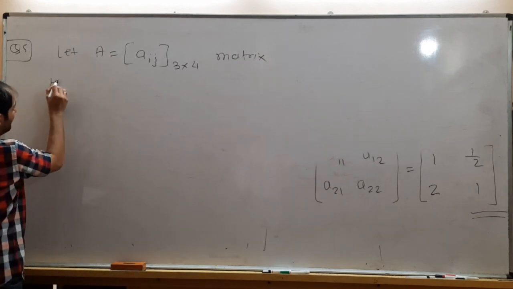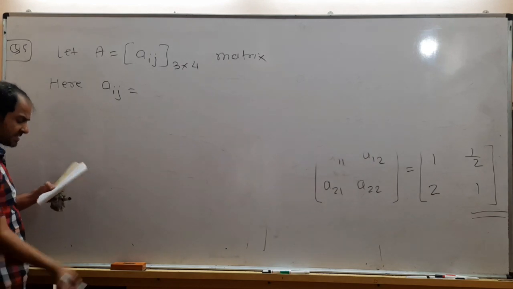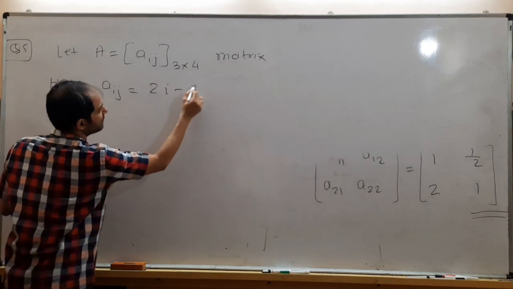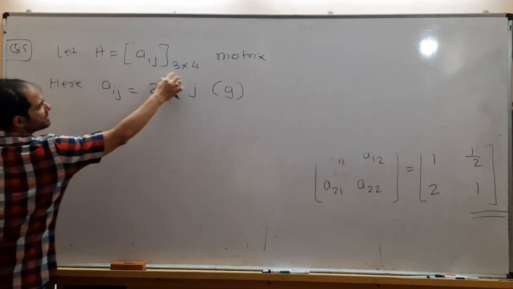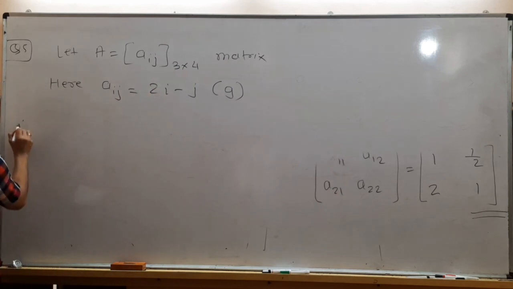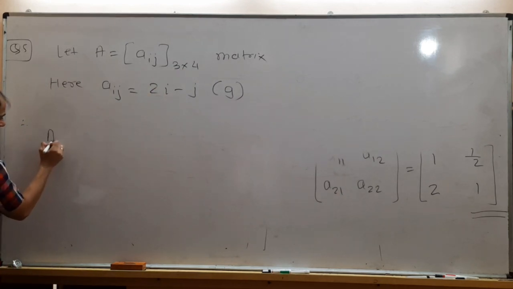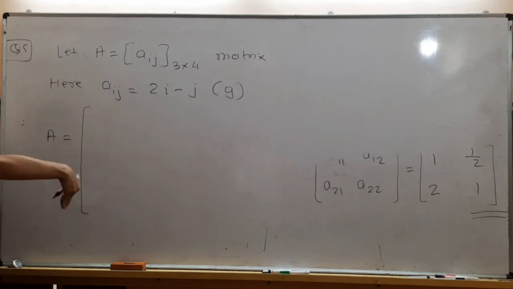Okay. Here, formula for Aij is given as 2i minus j. Okay, this is given. So, since it is a 3 cross 4 matrix, A will have 12 elements, and it will have 3 rows and 4 columns.